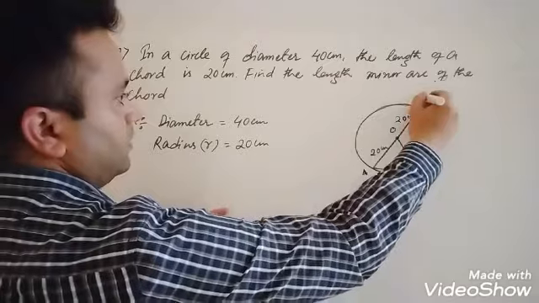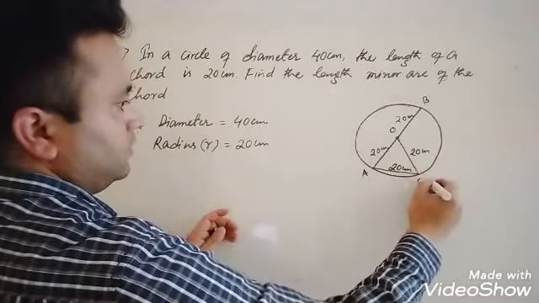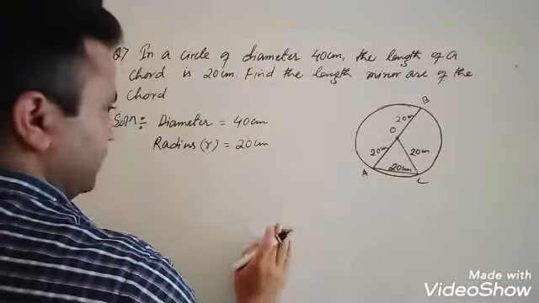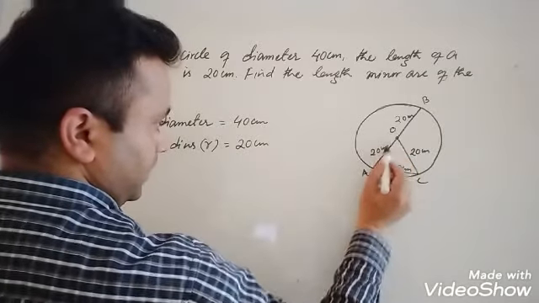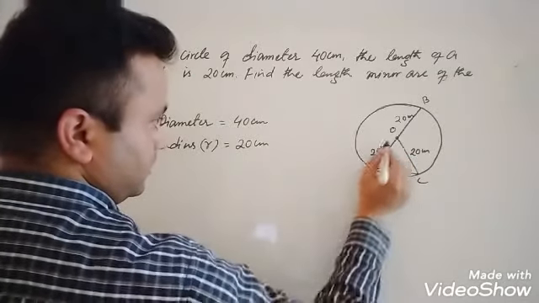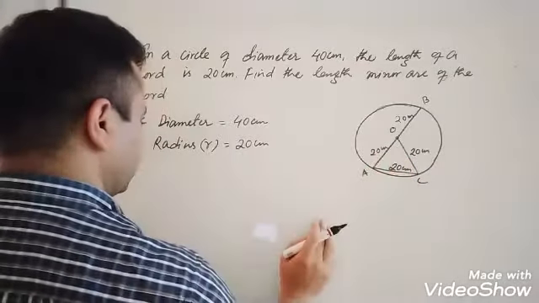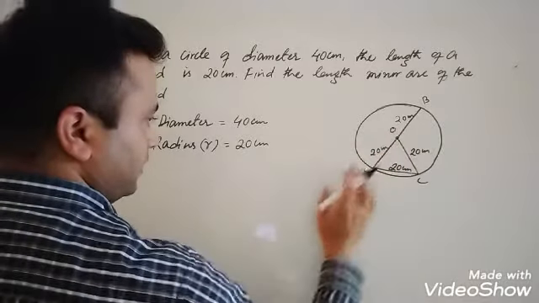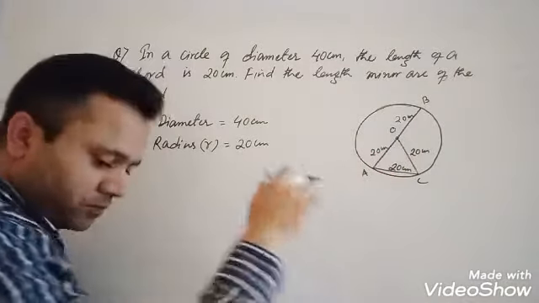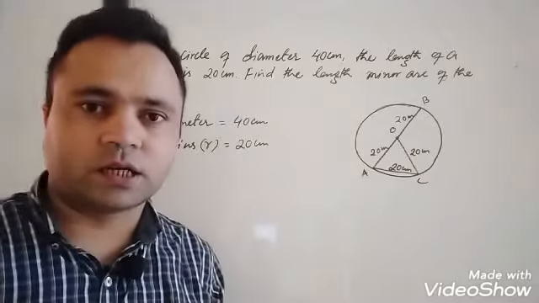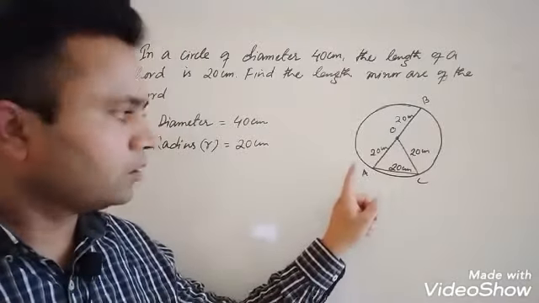So this is A, this is B, and this is C, triangle AOC. Now we can say that if all the sides in a triangle are equal, this triangle is an equilateral triangle. In an equilateral triangle, all the sides are equal.